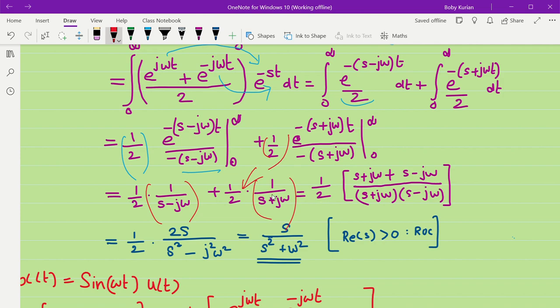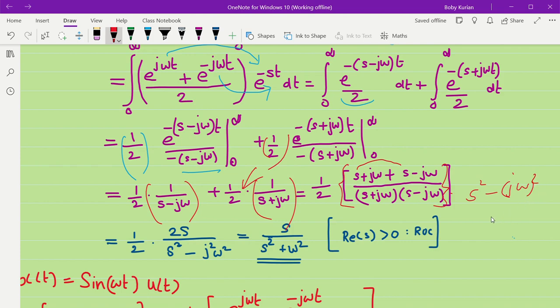So we take 1 by 2 outside, since 1 by 2 is common to both. After that, we combine the remaining two terms, 1 by (s minus j omega) plus 1 by (s plus j omega). In fact, cross multiplying and simplifying, what remains in the numerator is s plus s, that is 2s; j omega minus j omega cancels out. The denominator is of the form (s plus j omega) into (s minus j omega), which is s square minus (j omega) whole square.